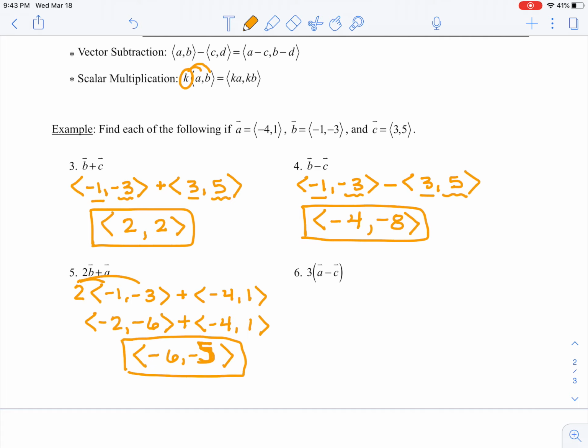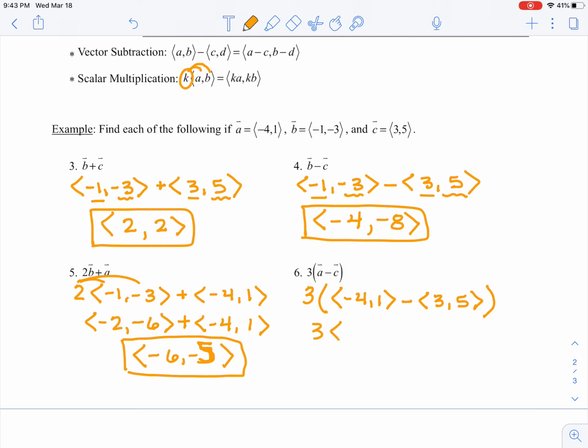All right, and question number 6. Again, think about order of operations. We're going to do what's inside of the parentheses first. So if I fill in my two vectors, vector A and vector C, I have 3 times, parentheses, -4, 1, minus vector C, which is 3, 5.